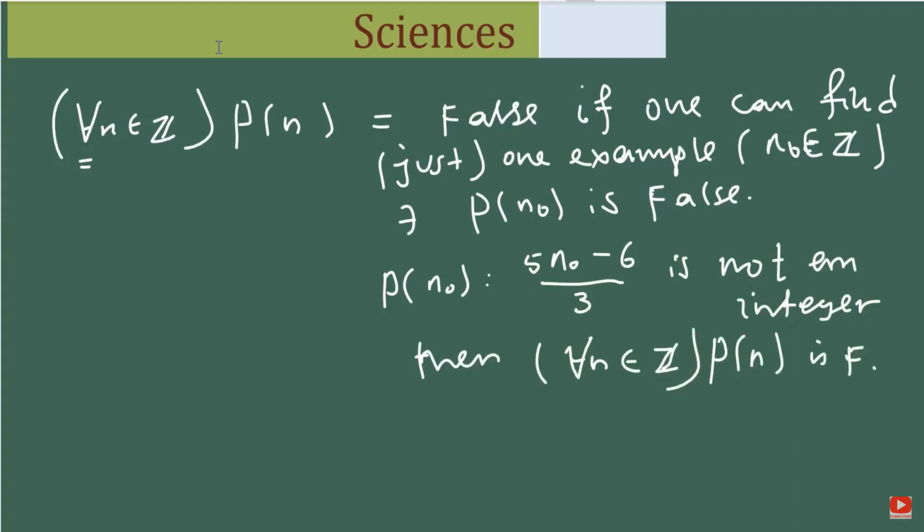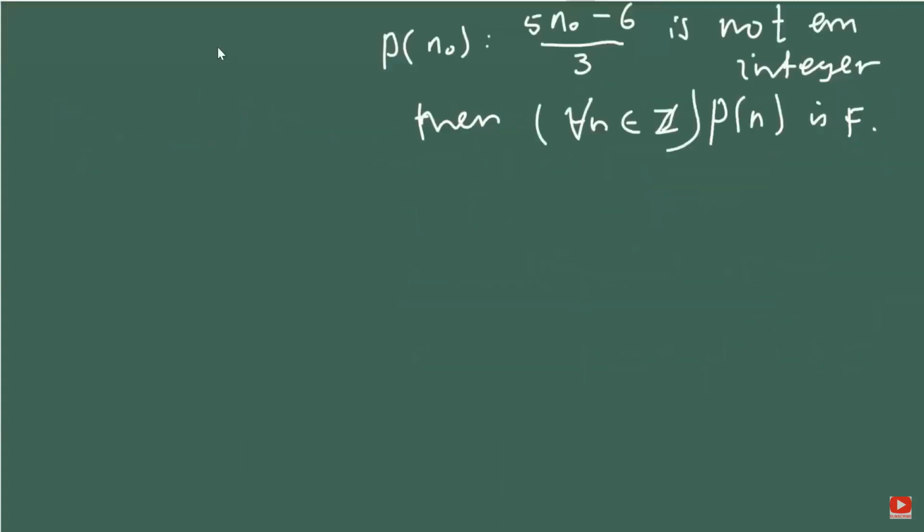If there is an example that satisfies this, then for all n an element of Z, P(n) will be false. But for the existential quantifier, there exists n an element of Z, P(n), this is true if you can find one example that makes the statement true.